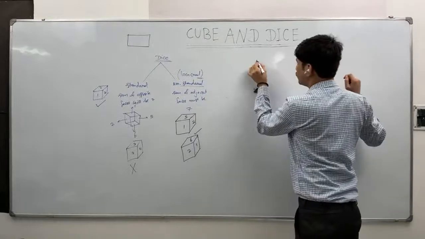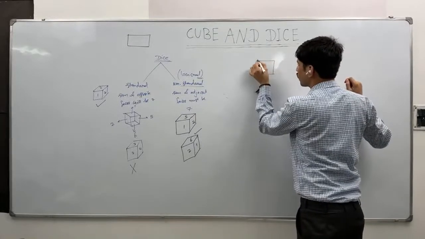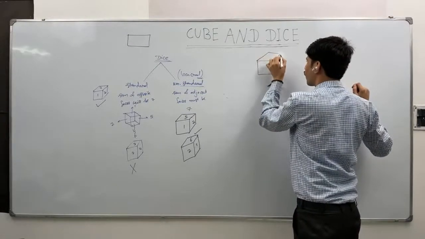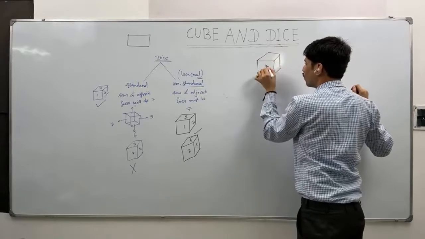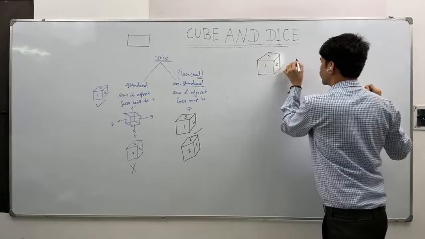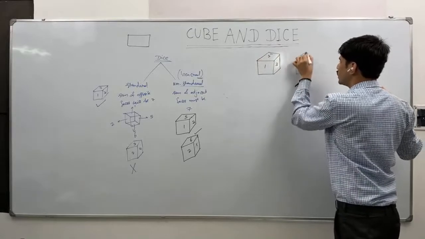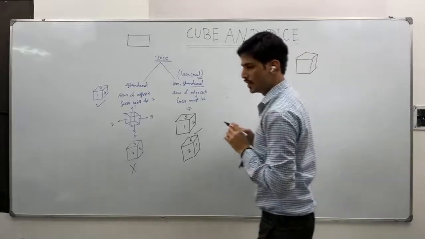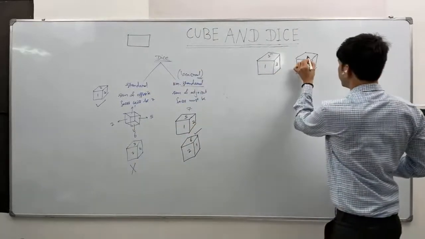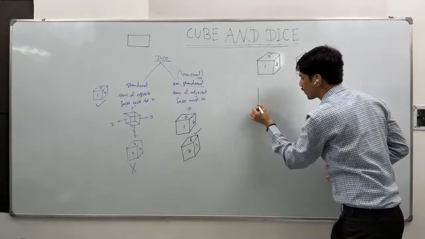So let's say you have this one. 1, 5, 3. I'm giving the dice, then you have to tell me whether it is a standard dice or a non-standard dice. 1, 3, 6.